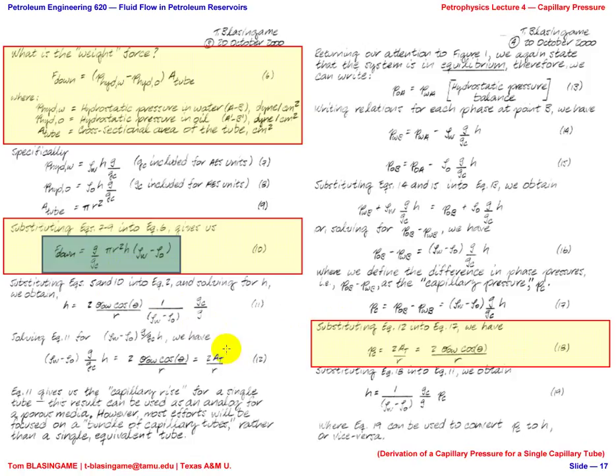And then that gives us, when we finally work it all out, 2 times the adhesion tension divided by radius, or 2 times the interfacial tension multiplied by cosine theta divided by r, which is exactly where we started before. So in simple terms, it's very easy and rigorous to derive the capillary pressure equation for a single tube. Okay, everybody's okay with that? Now things get crazy because now we're going to use a bundle of tubes.